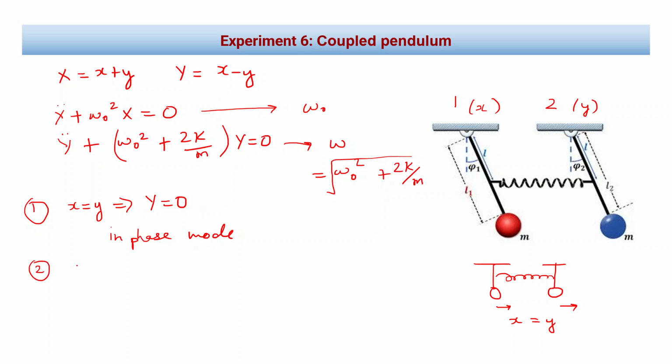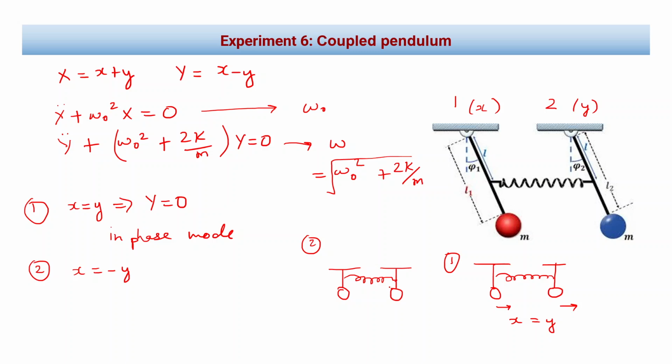Another case is the situation if x is equal to minus y. That is, again we are giving displacement by the same amount but in the opposite direction. So this was case 1. Now case 2: this is one pendulum, this is another pendulum.